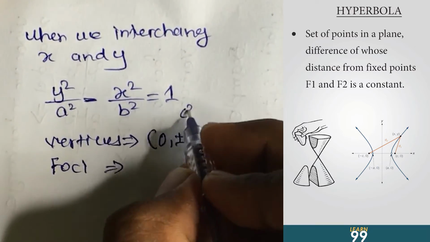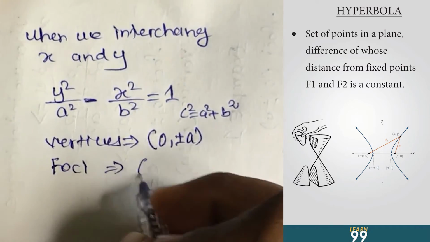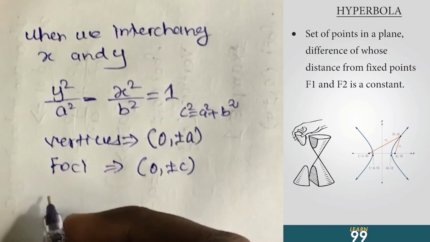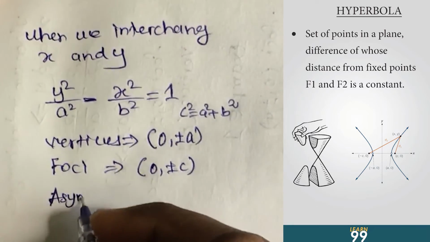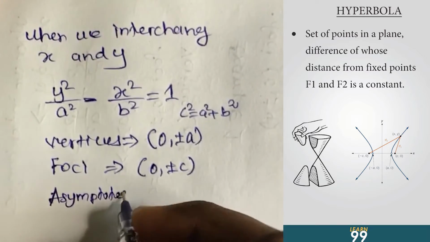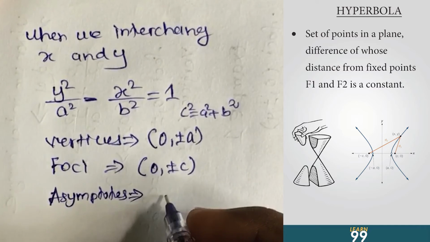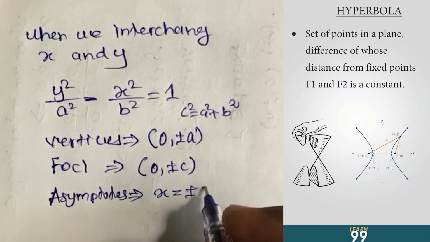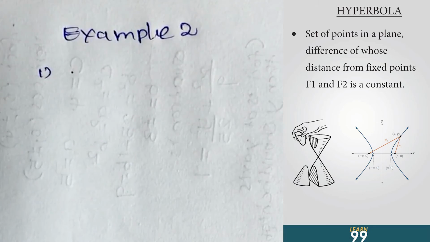Okay, and also our foci are denoted by c, and c squared equal a squared plus b squared. So we will get 0 comma plus or minus c, not plus or minus c comma naught. So our asymptote is also x equal plus or minus b over a into y.